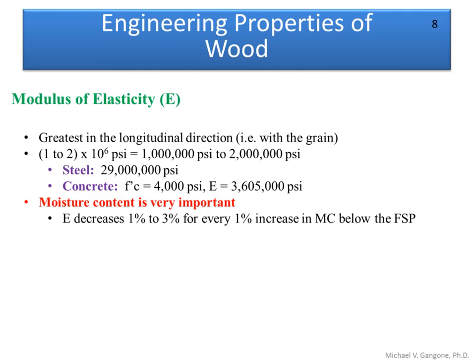If the fiber saturation point is, say, 25% moisture content, then going from 10% to 20% moisture, I'm going to see a decrease in the elastic modulus. However, going from 35% to 40% moisture content, there is no change in the elastic modulus because both moisture contents are above the fiber saturation point.